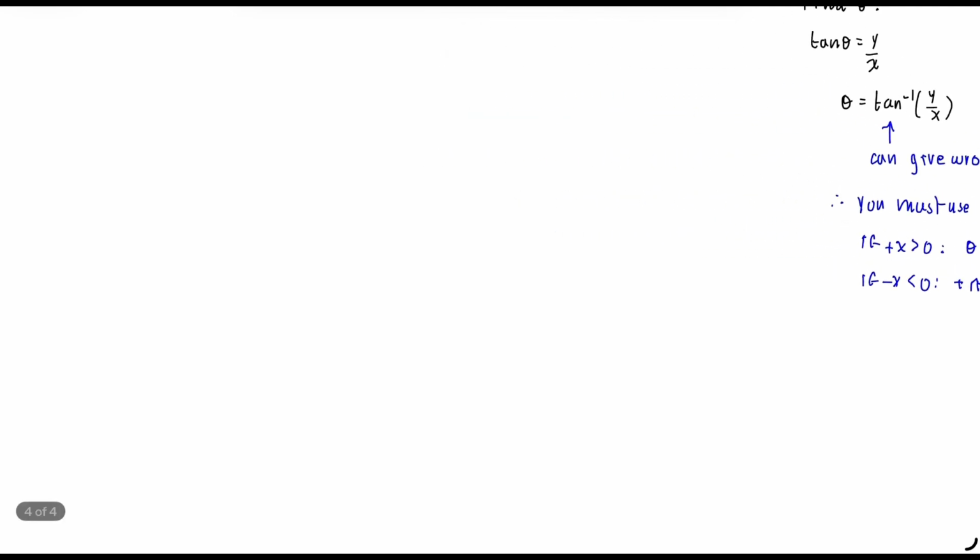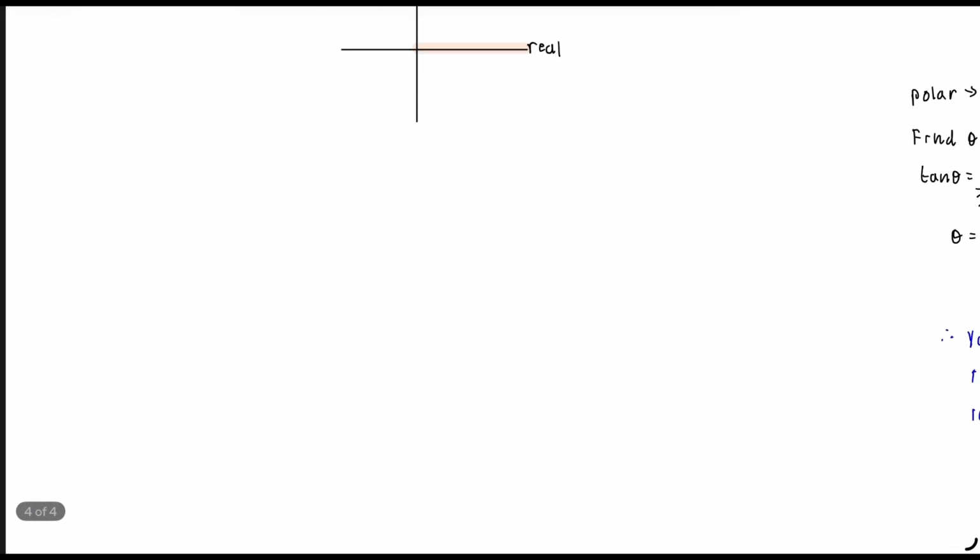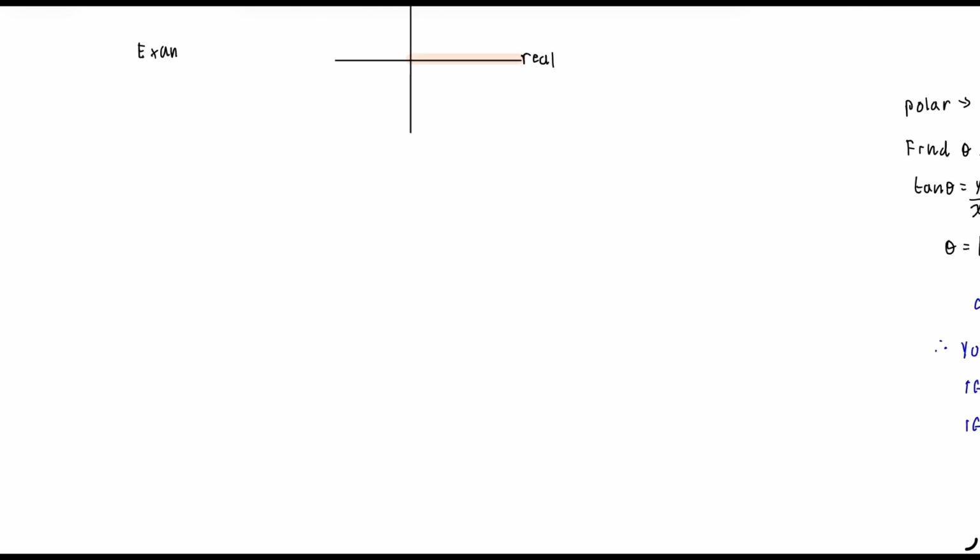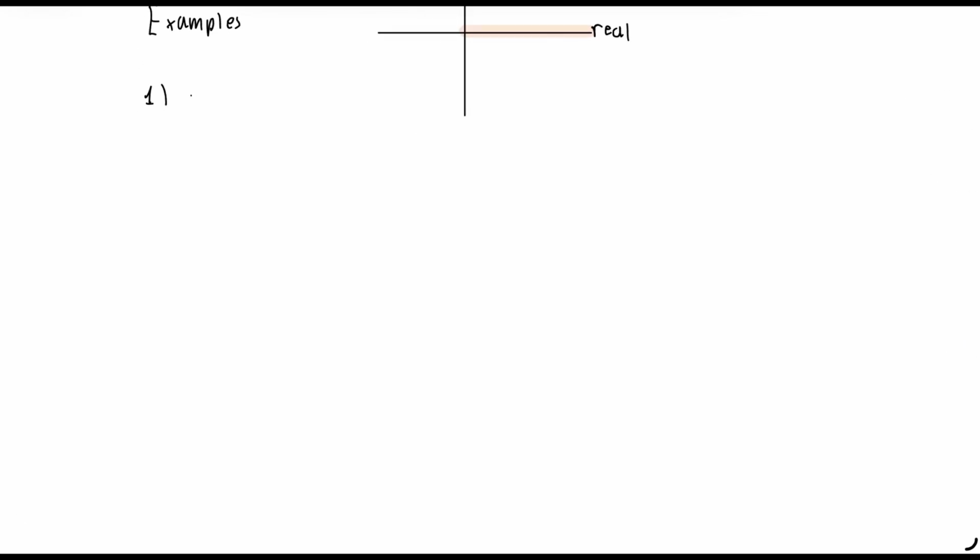Now, let's say we have two problems. For the first problem, we want to plot the point z equals -3 plus the root of 3 i in the complex plane and write an expression for z in polar form.